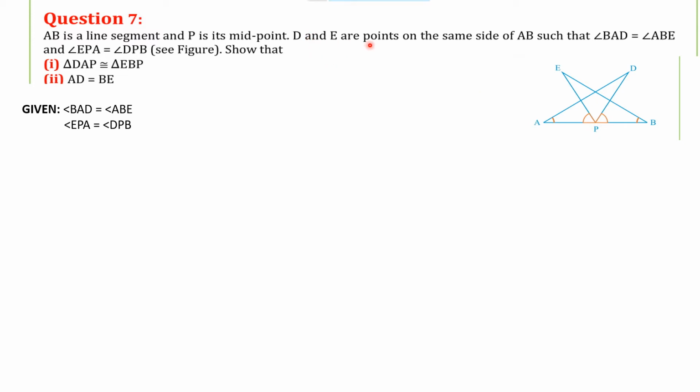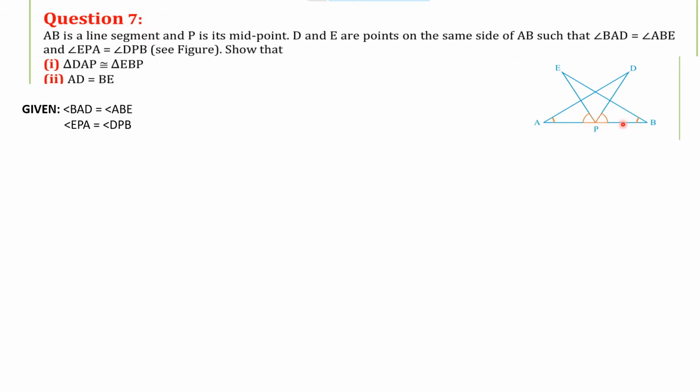Next, D and E are points on the same side of AB such that angle BAD, this angle A, and angle ABE, which is angle B, are equal, given. And what is the next angle equal given? This angle EPA and this angle DPB are equal. Again, in this figure, you are able to observe this triangle DAP and this triangle EPB, as you are asked to prove AD is equal to BE.